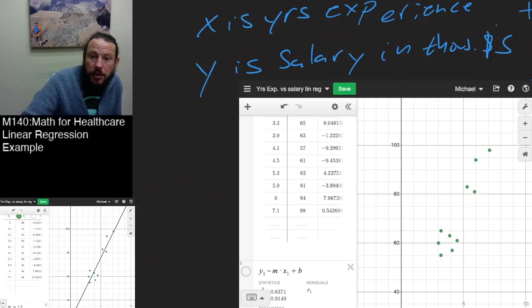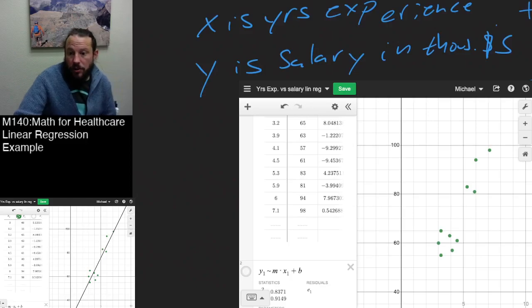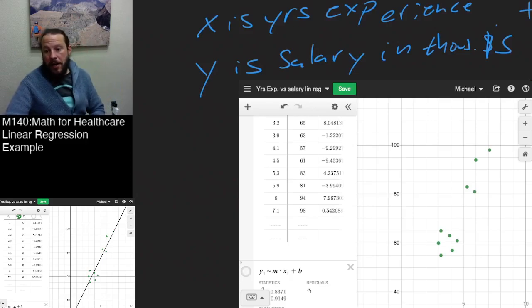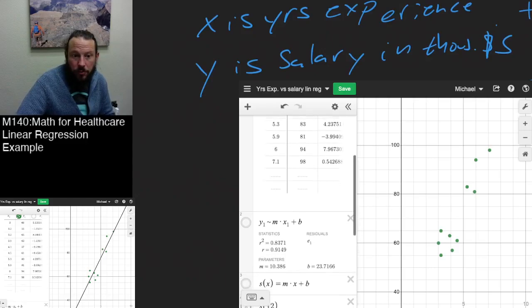Now, this looks like it could be reasonable to use linear regression for an estimate. We do have a little bit of a cluster down around y equal to 60, the 60,000 range mark. But taken with those upper ends, it looks like we could reasonably fit a line to it. So we'll go ahead and perform linear regression.